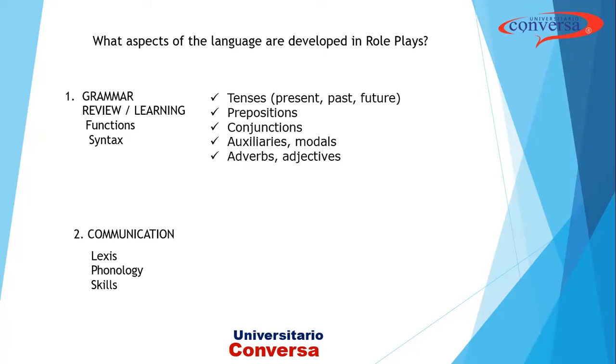Or when you just want your students to communicate the idea, even though they have mistakes in the grammar. And it includes the lexis. We agree lexis is the vocabulary or expressions that students use. The phonology, that includes the pronunciation, stress, or accent they use, and the corresponding skills.